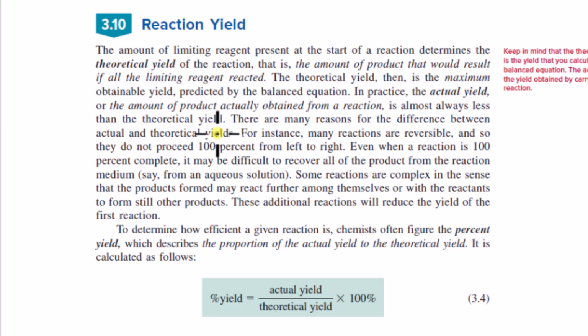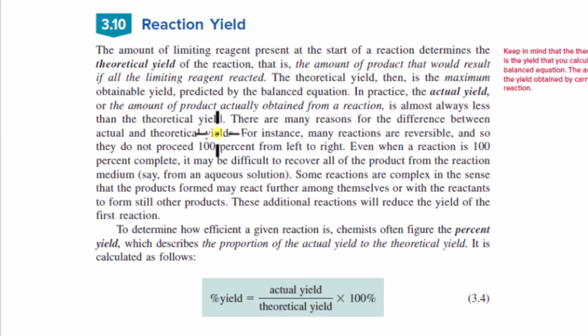Okay, and then output is a bunch of different products, with one of those being pure gold. Okay, well, when it comes to calculating yield, you're focused on the amount of gold that comes out of the process, right? The theoretical yield is saying, look, if I put this much reactants into the process, then even with the limiting reagent, theoretically, if everything goes perfectly to plan, this amount of gold should come out.